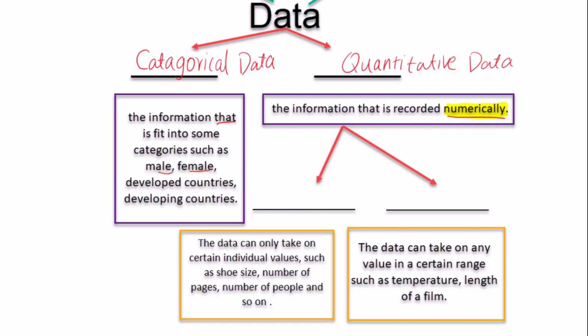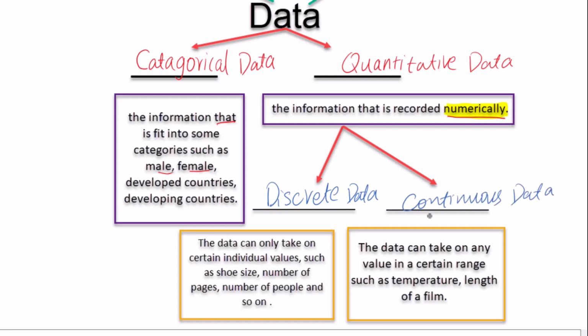For the quantitative data, if the data can only take on certain individual values, such as the shoe size, number of pages, number of people, and so on, it's called discrete data. If the data can take on any value in a certain range, such as temperature, length of a film, the data is called continuous data.